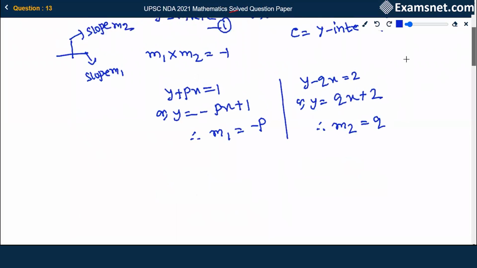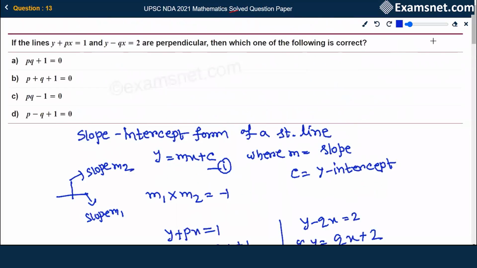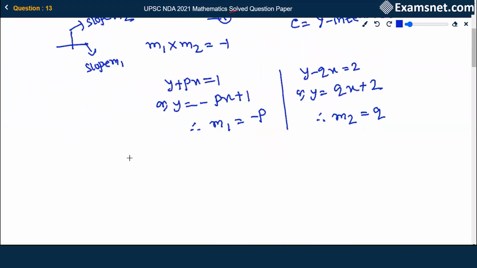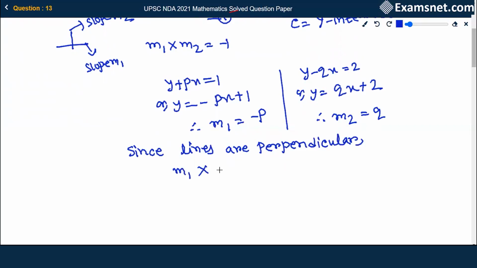Now, since they said that the lines are perpendicular, that means m1 multiplied by m2 equals to -1.